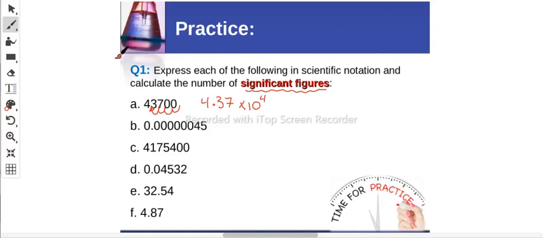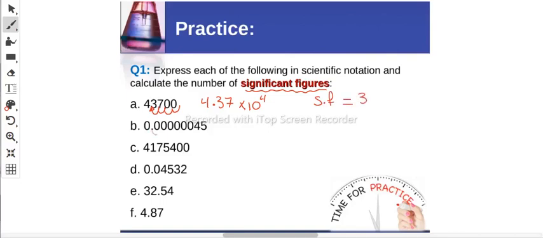The numbers that appear after writing it into scientific notation will be the significant figures number. So here, what is the significant figures number in A? I'm going to write down that your final answer is 3.